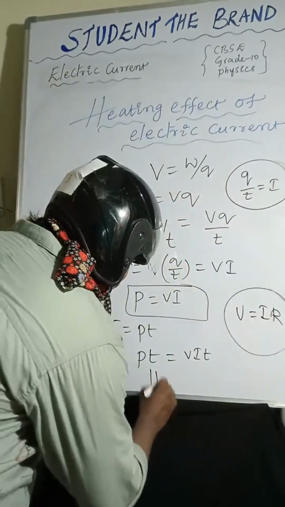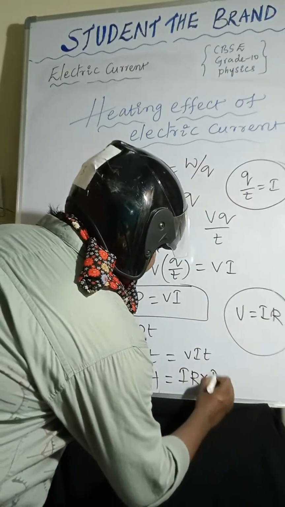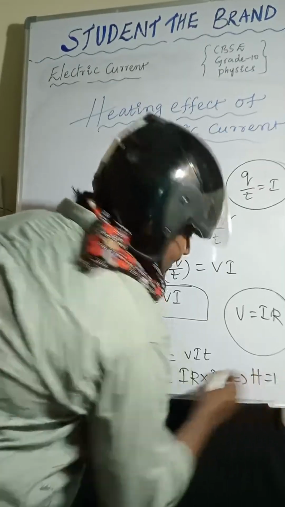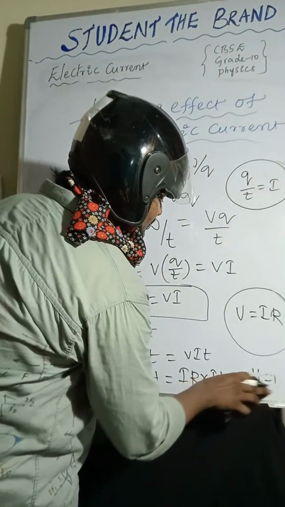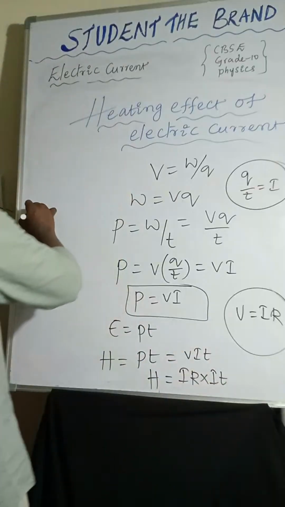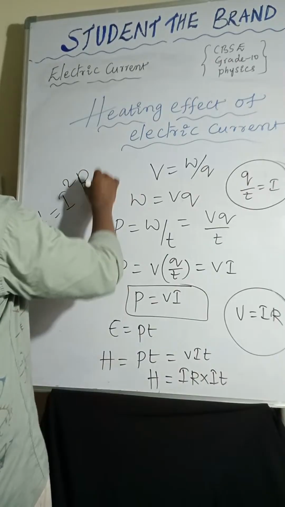So H equal to IR into I into T, that is H equal to I square RT.